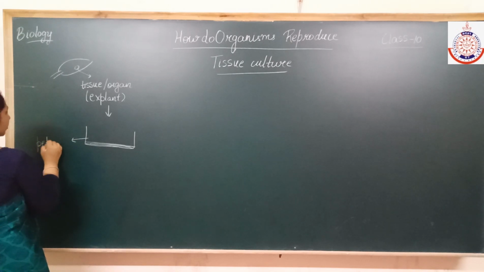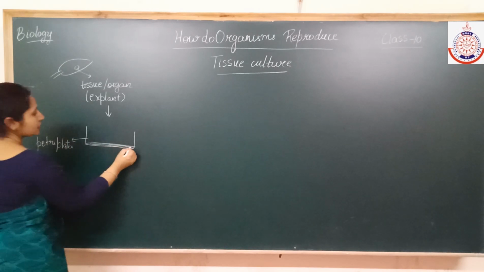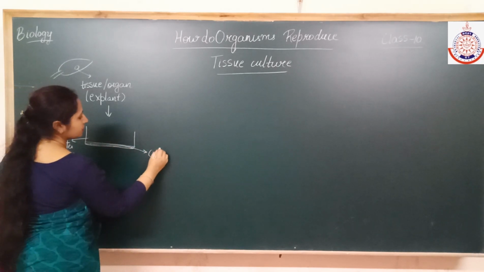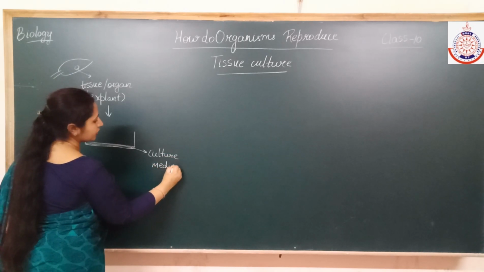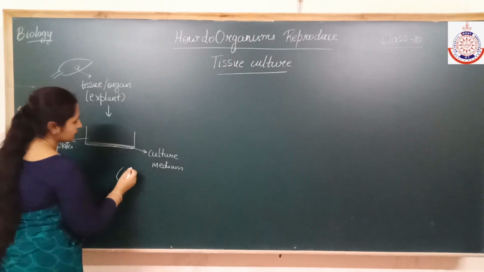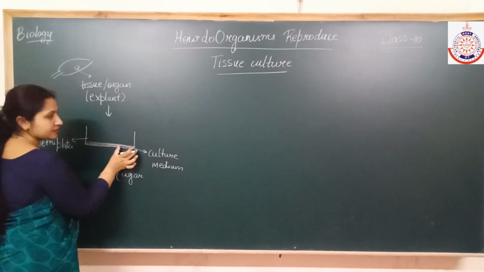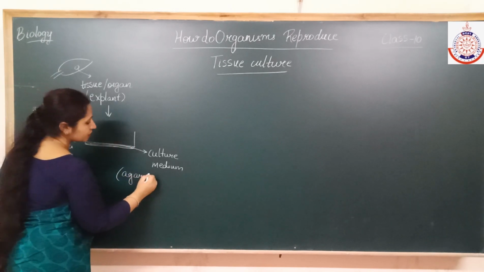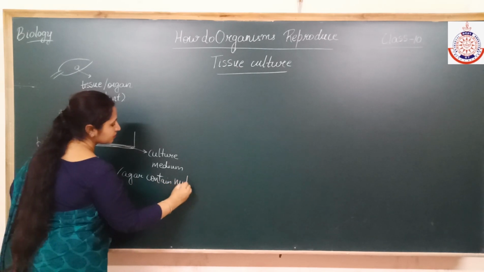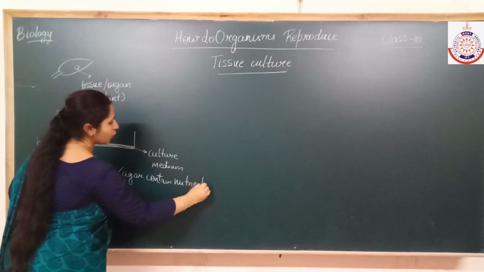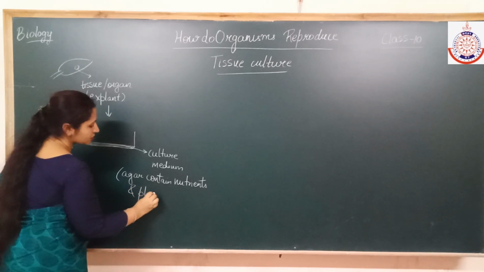These are Petri plates, and in the Petri plates, the culture medium is present, and the culture medium contains agar, that is the jelly-like substance which contains the nutrients required for growth, and plant hormones.